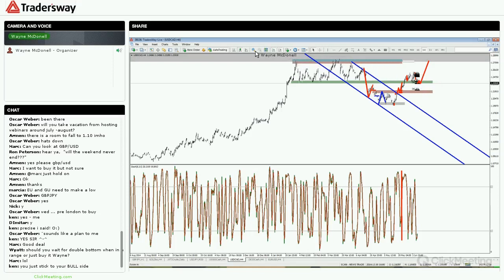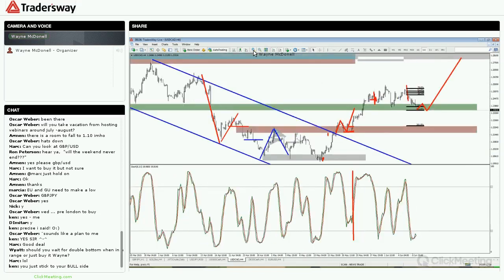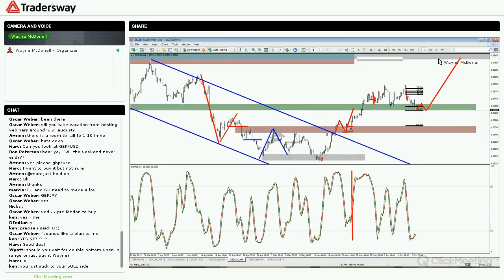Whoa! Really? Yeah, I know. Requires a certain sophisticated mind. And there we go. It's oversold. That's support. So yeah, London Open, I'll probably be long and doing just fine.